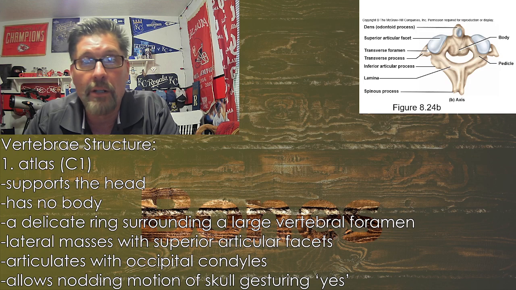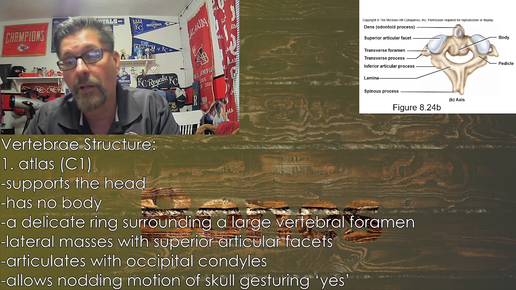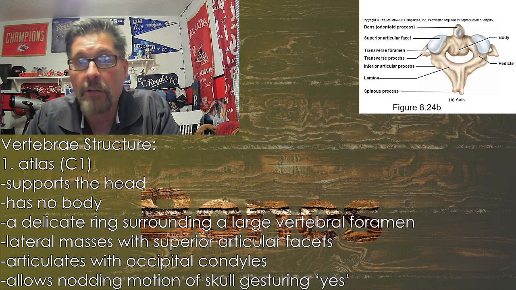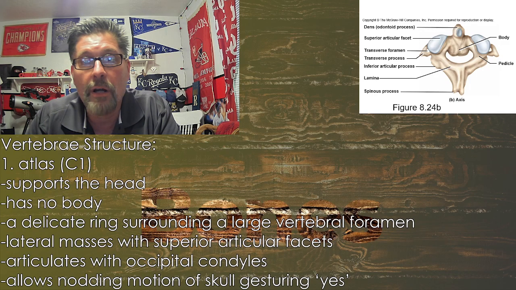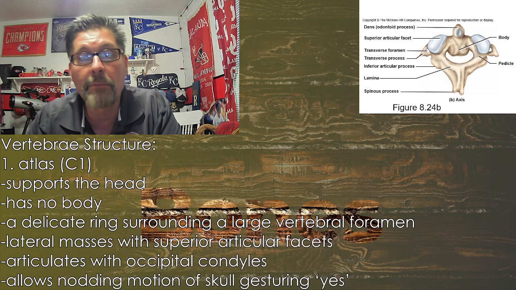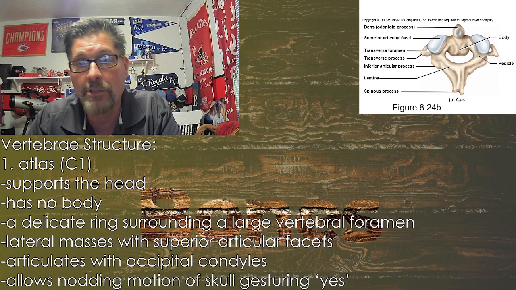It's almost like a little ring that just sits at the top, and that's by design. I couldn't come up with a better phrase, because that has a certain importance to it. Being able to say yes and no are completely by design from C1 and C2, and we're going to showcase that.